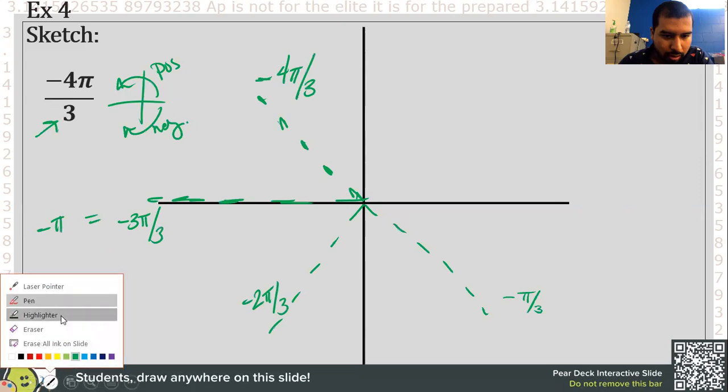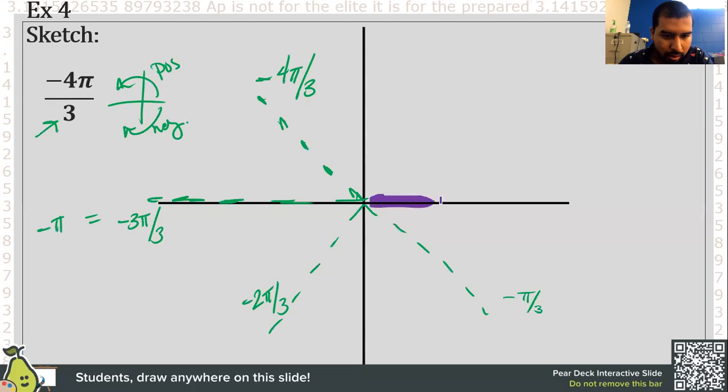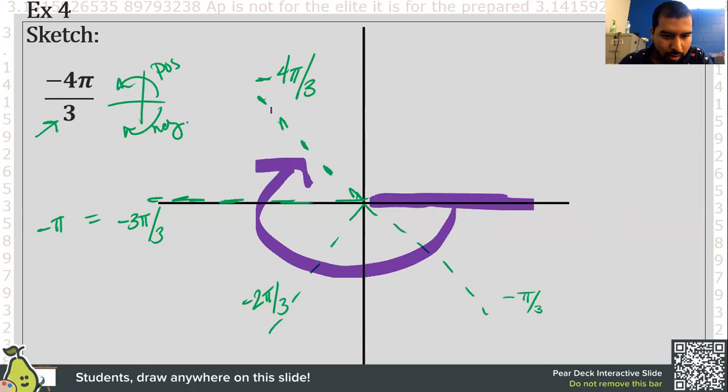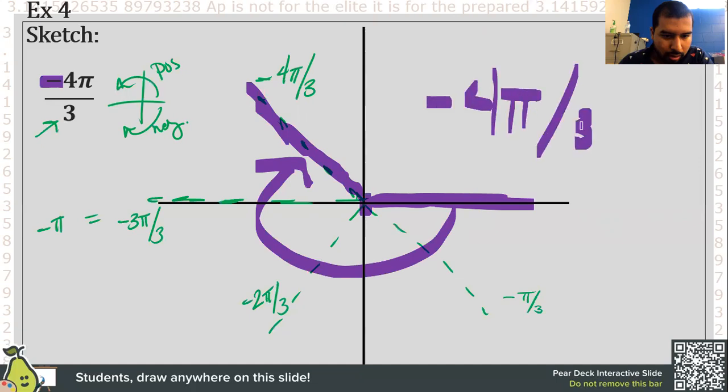So let's get our highlighter. It's going to be from here, standard position. It's going to go down because we were doing the negative version of this, right? And it says it right here, the negative version. Okay, so this is our negative 4 pi over 3.